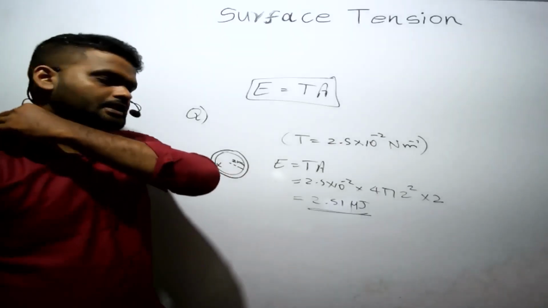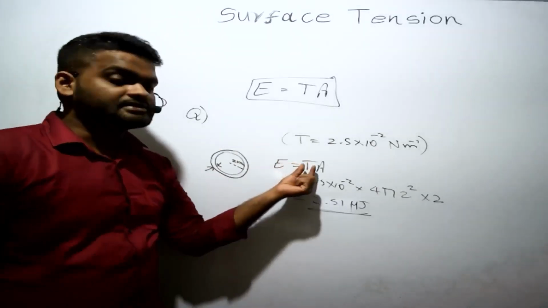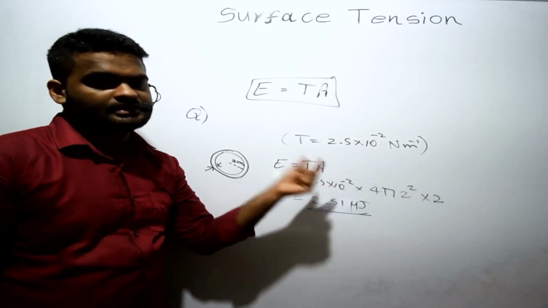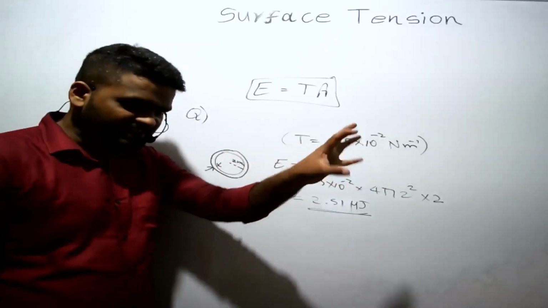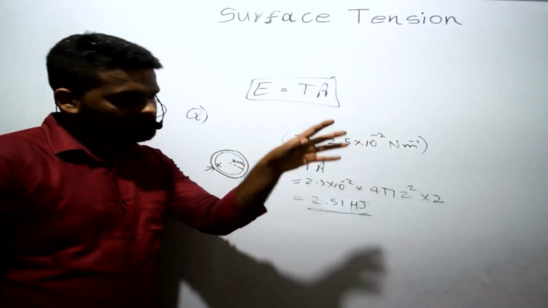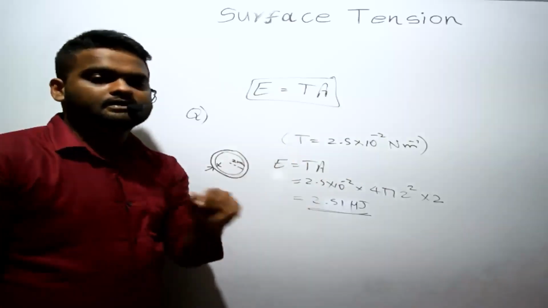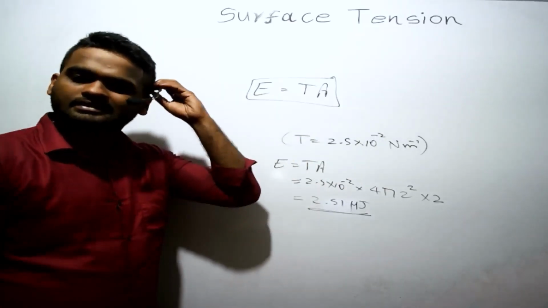Okay. Here the difference is you didn't need delta A. So you are just finding one sphere. There's one sphere, you find the energy of that.